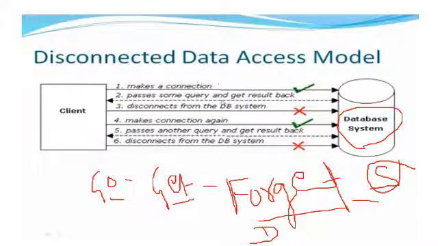Here you make the connection, pass the query, then the database disconnects. You pass the query, get the data, and then fire the disconnect query. When you require it again, you connect, pass whatever query it may be, and disconnect.